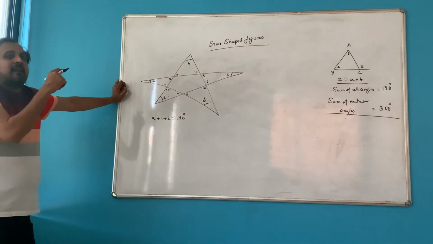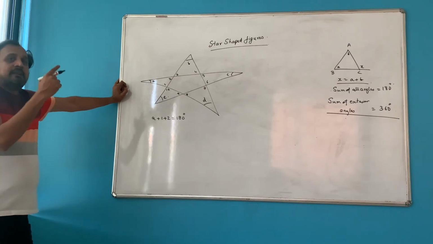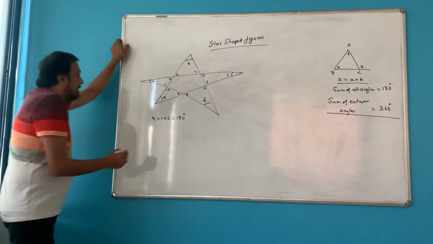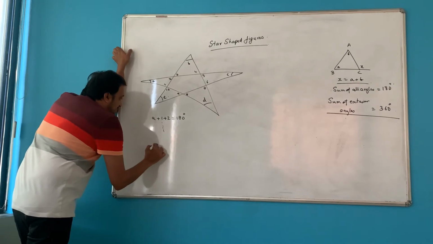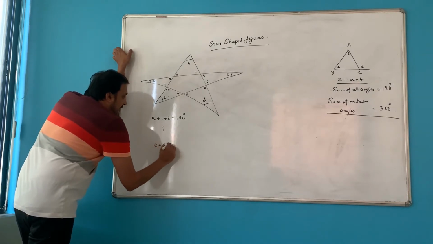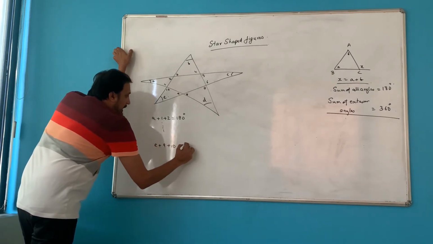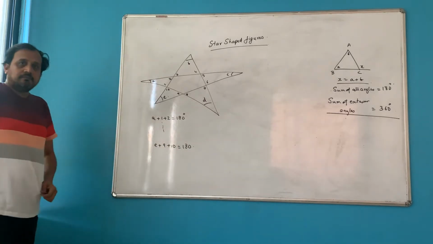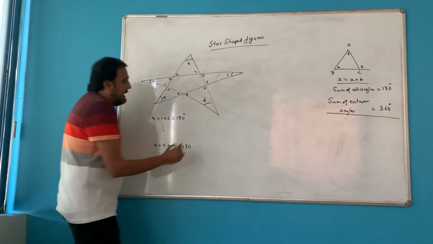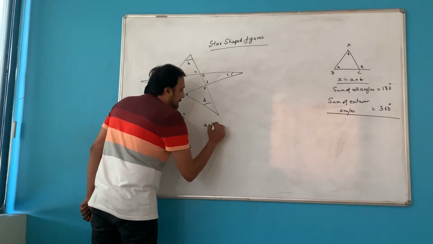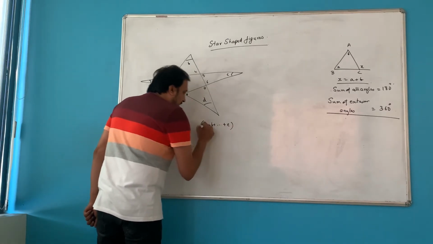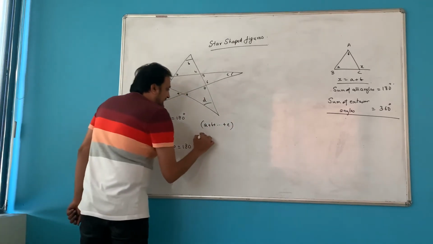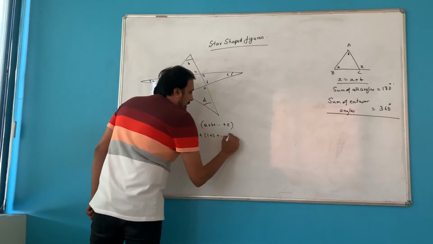B plus 3 plus 4 would be equal to 180, C plus 5 plus 6, and so on, would be equal to 180. Which means essentially I can say E plus 9 plus 10 would be equal to 180 degrees. If I add all of them, what I will essentially get is A plus B plus E plus 1 plus 2 plus so on up to 10.